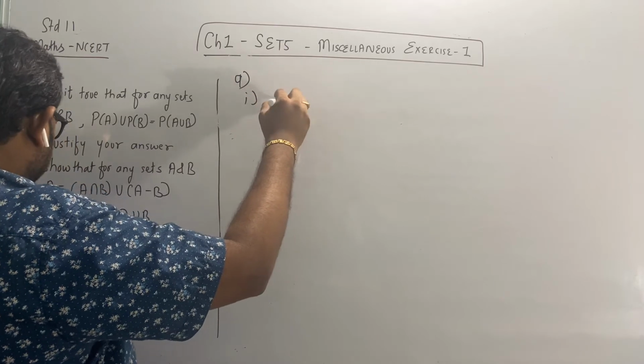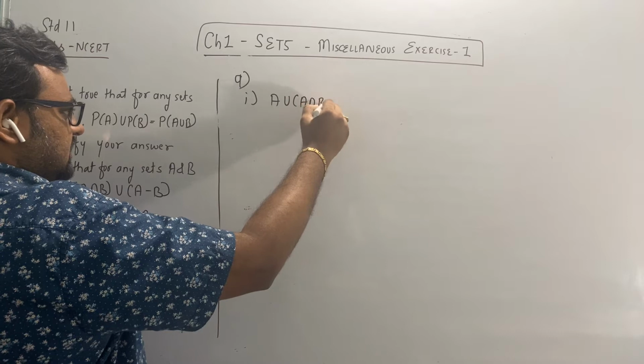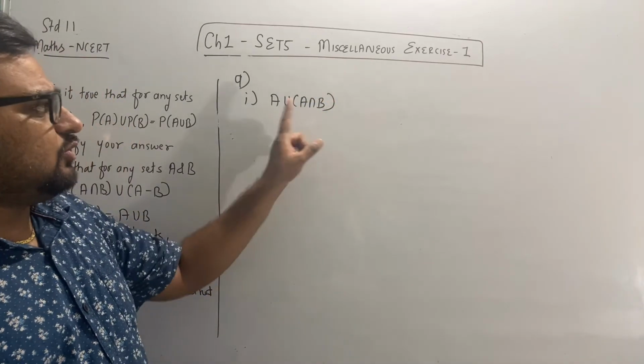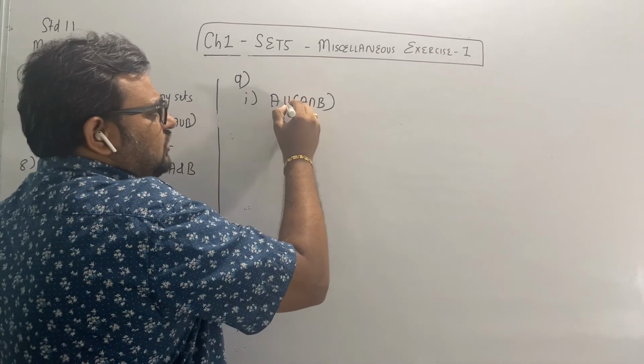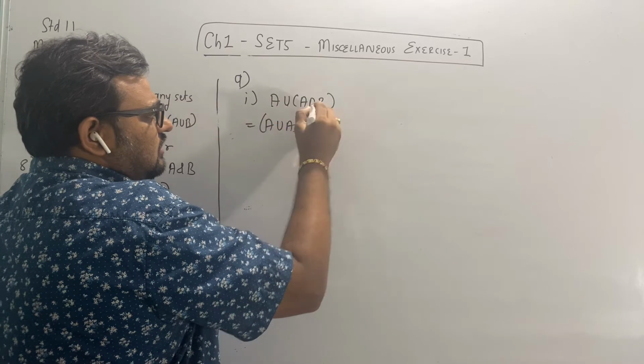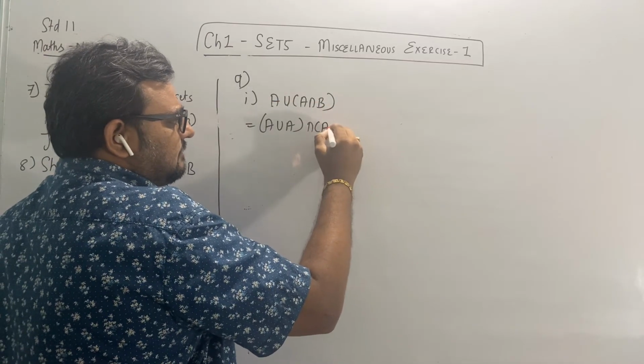First, let's take the LHS, A union A intersection B. So again, distribution of union over intersection: A union A intersection A union B.